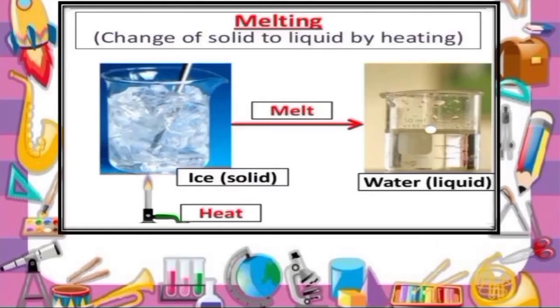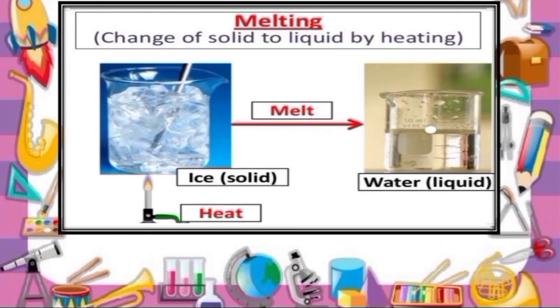The process by which a solid changes into a liquid is called melting. Let's start with ice cubes. Let's take some ice cubes and heat them in a beaker. What you notice after a while is that the ice cubes are dissolving into their own liquid.